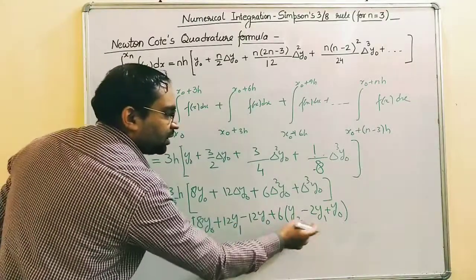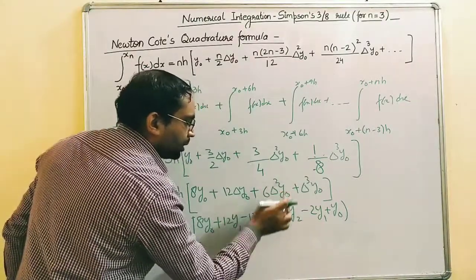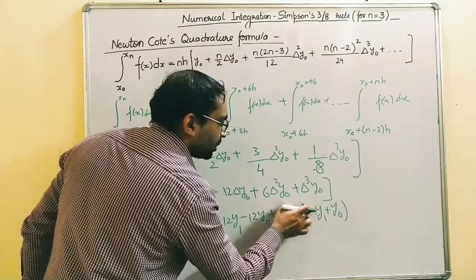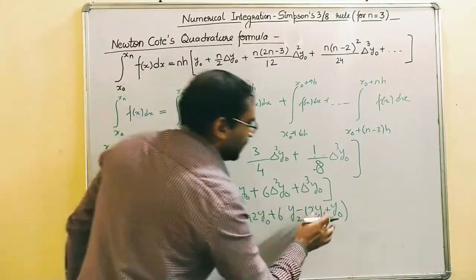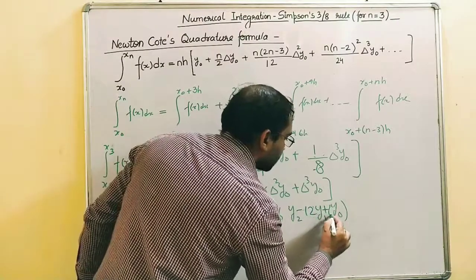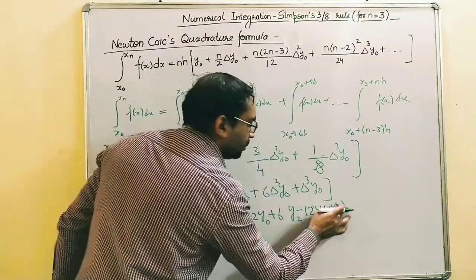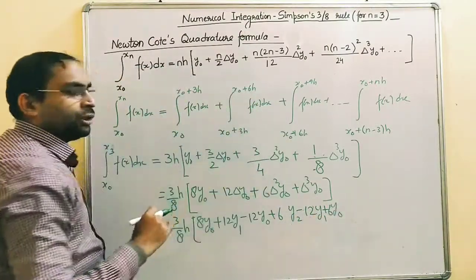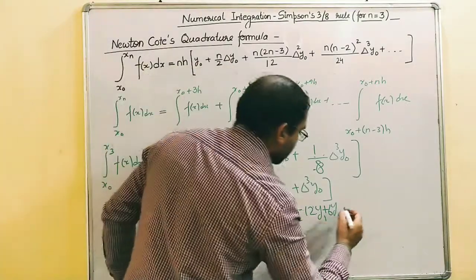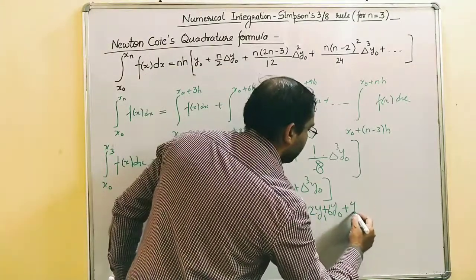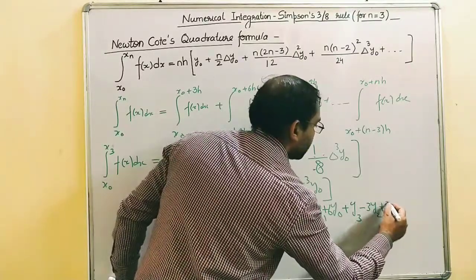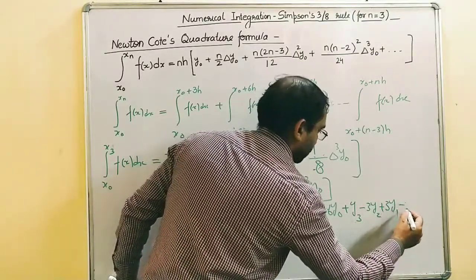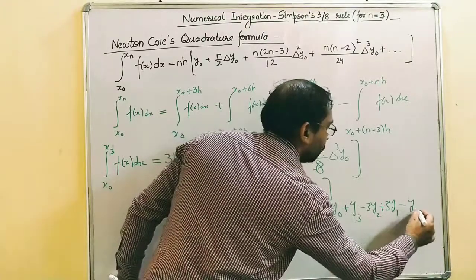So I need to multiply the 6 inside. This will be 6 y2 minus 6 2s are 12 y1, and the last one is plus 6 y0. The formula for del 3 y0 is y3 minus 3 y2 plus 3 y1 minus y0.